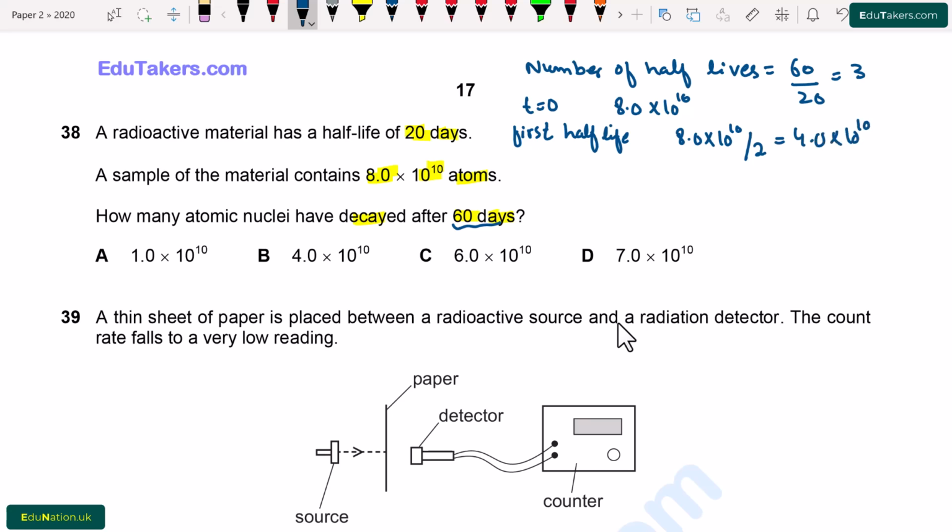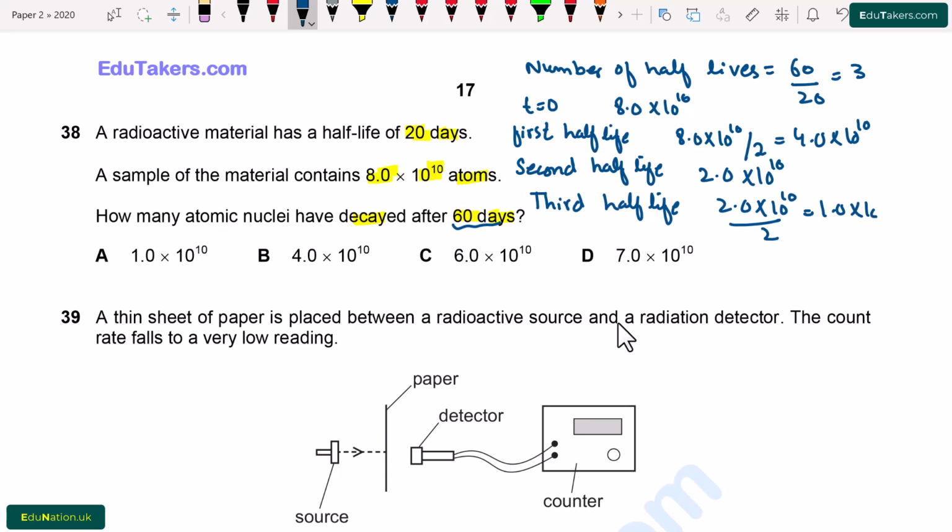These atoms remain behind. After the second half-life, half of this amount remains behind. So there will be 2.0 × 10^10. After the third half-life, it will be 2.0 × 10^10 divided by 2, which is 1.0 × 10^10.